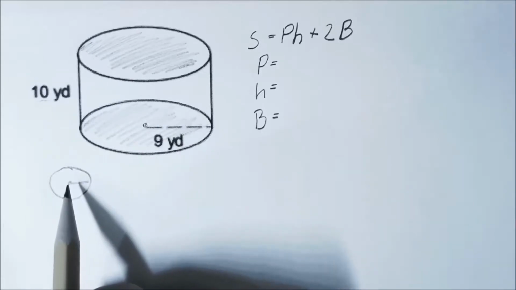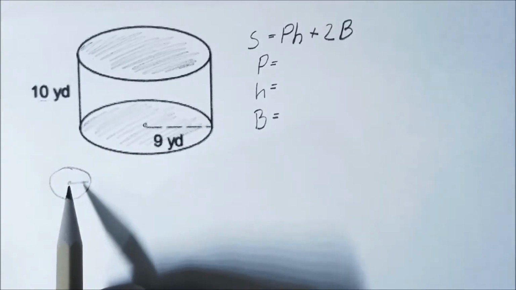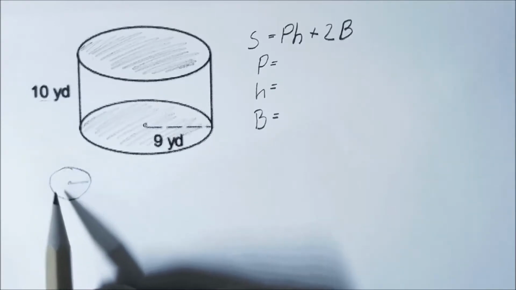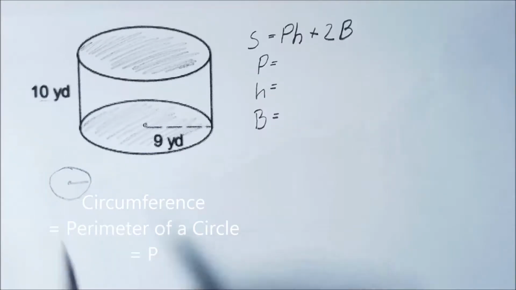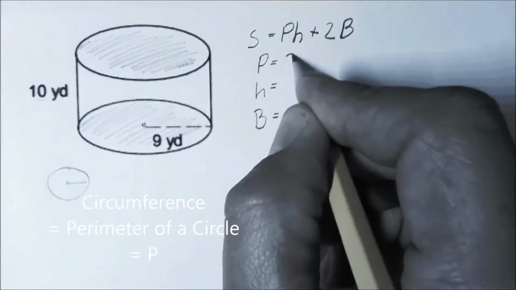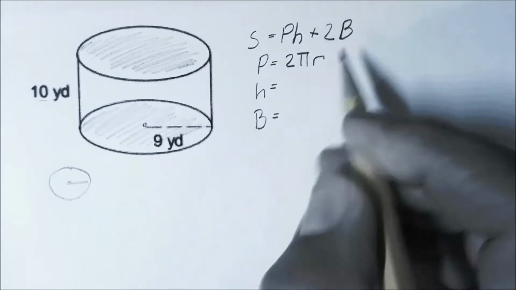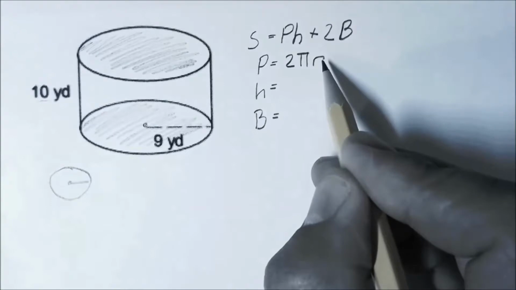And the shape of our base is a circle, right? Since we're looking for the perimeter of a circle, what do we call that? The perimeter of a circle is called the circumference, and there is a formula for that. The circumference is equal to 2 pi r, which means 2 times pi times the radius.